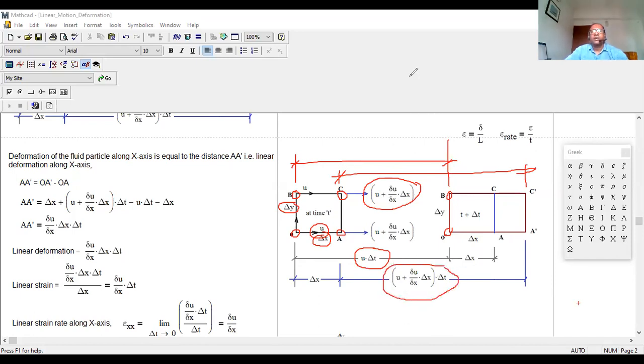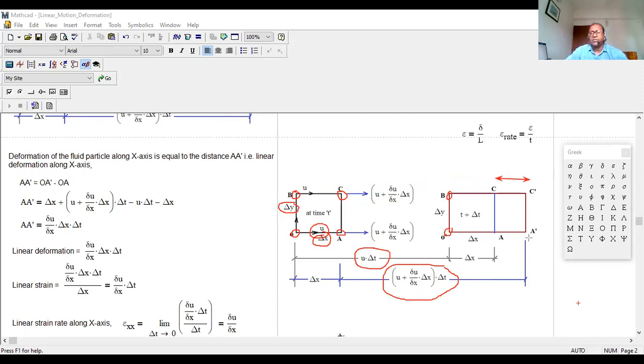Now, our intention is to figure out the deformation. Deformation means how much the dimension changes. If you get the delta, that means the change of dimension, then you can figure out the strain. So our intention is to find the change in length. So this much length has increased in the fluid element, right?